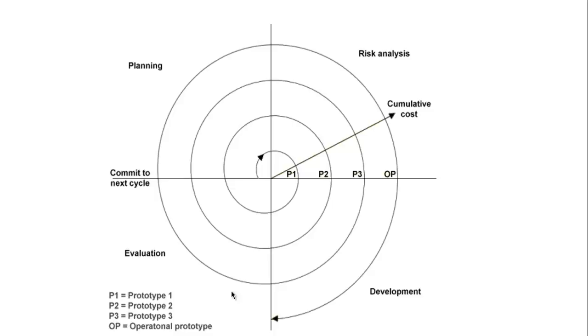Here the requirements are gathered in the planning phase, then risk for each requirement is analyzed, then development begins, and then it is tested, evaluated, and committed. So a prototype is rather quick to get compared to, let's say, the waterfall model.